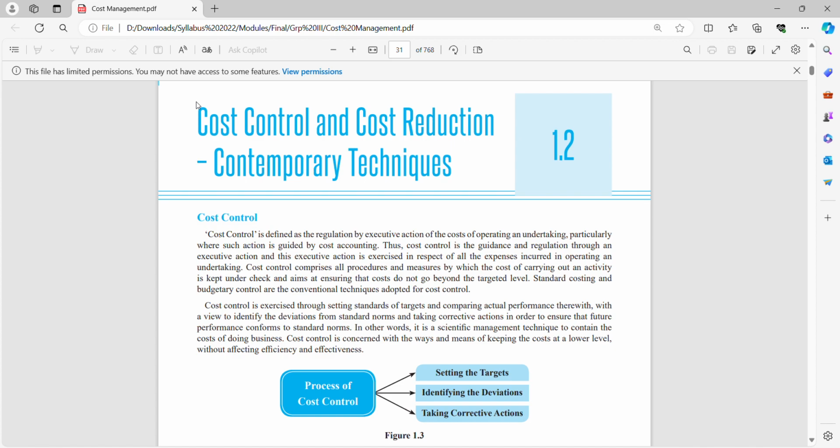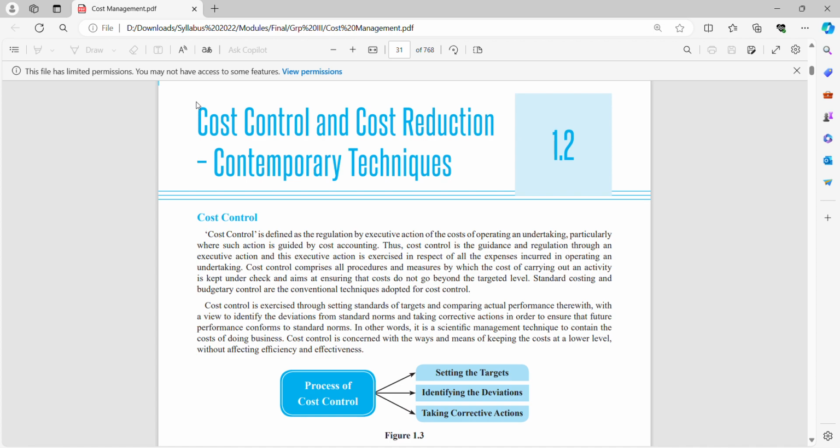I am setting standards that beyond 1 lakh I don't want to spend, and I'm comparing my actual cost with the standard cost.